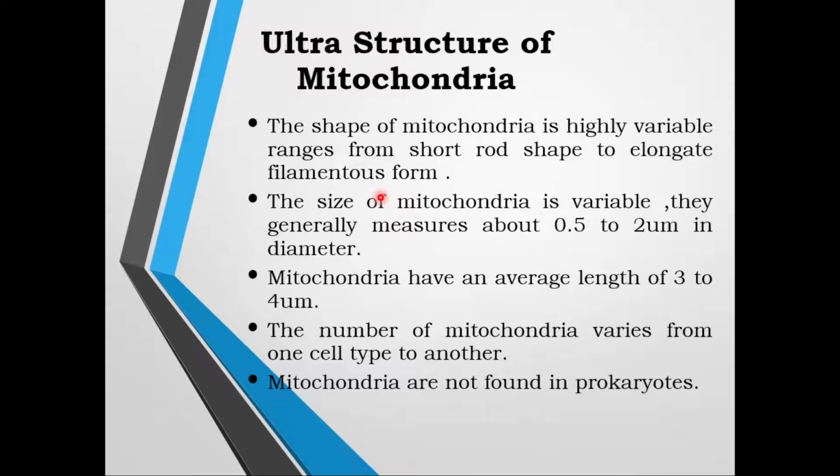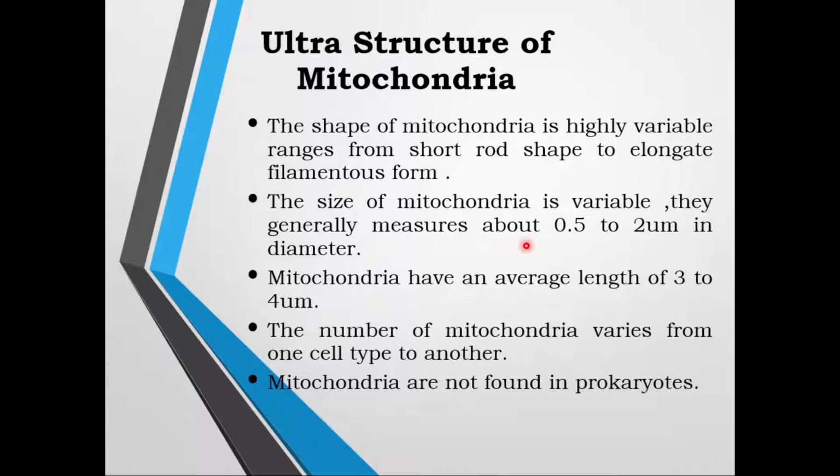Now let's see the structure or morphology of mitochondria. The shape of mitochondria is highly variable, ranging from short rod shape to elongated filamentous form. The size is also variable. They generally measure about 0.5 to 2 micrometer in diameter.